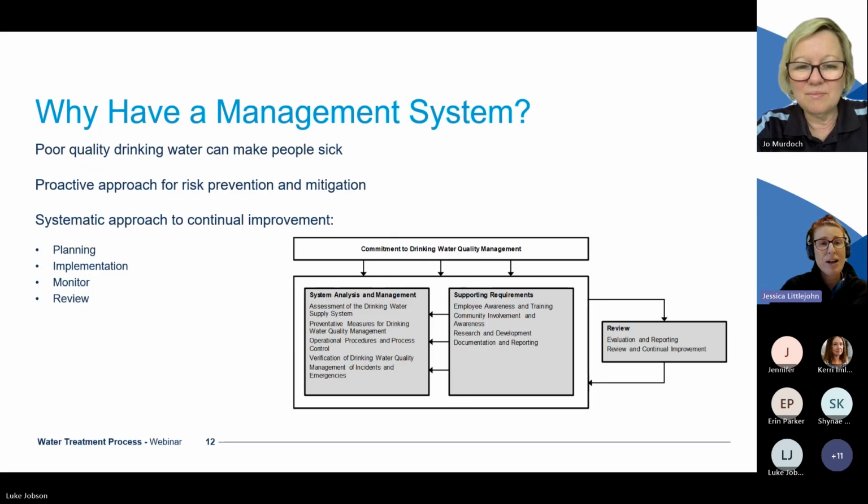And as I said, it provides that real structure for managing risks to safe drinking water. A key component of our management system and of the Department of Health legislation is that we are externally audited as a business every 2 years to make sure that we are adhering to our management system and addressing the risks adequately.